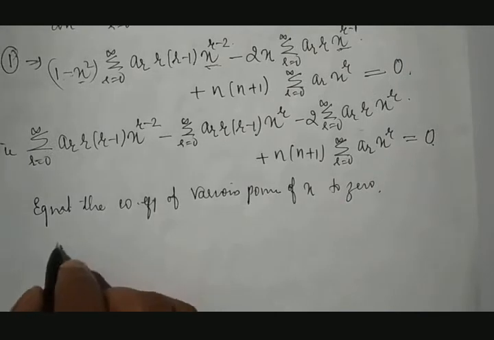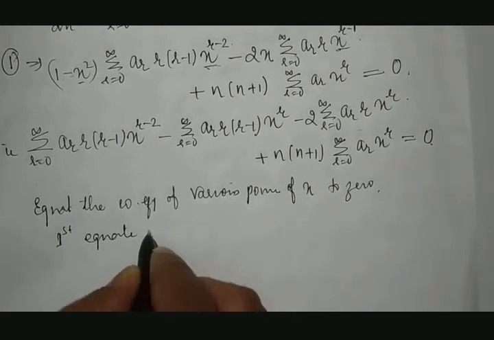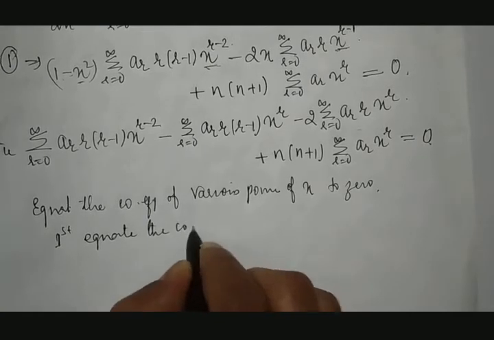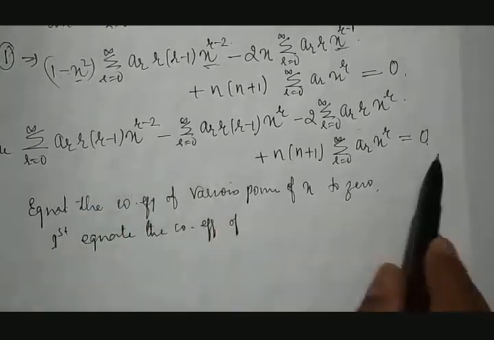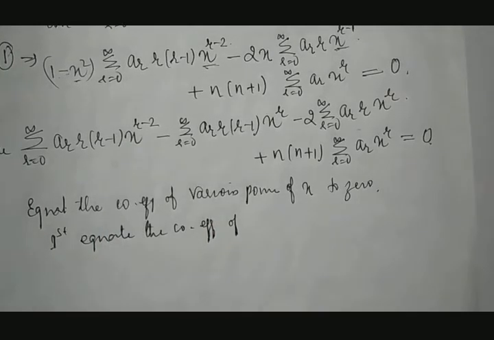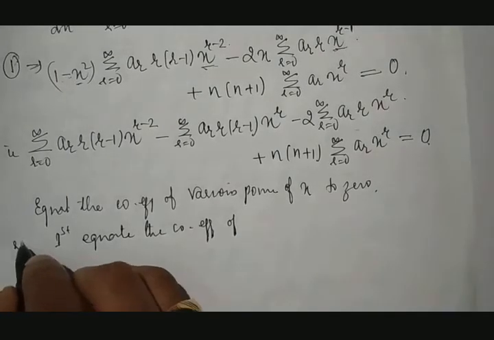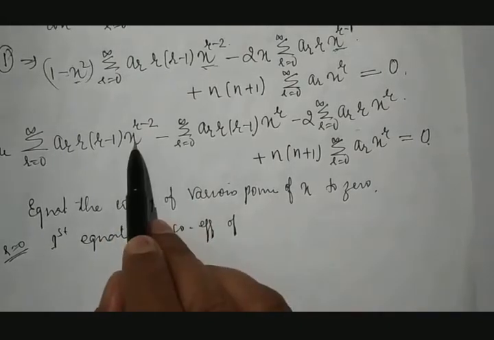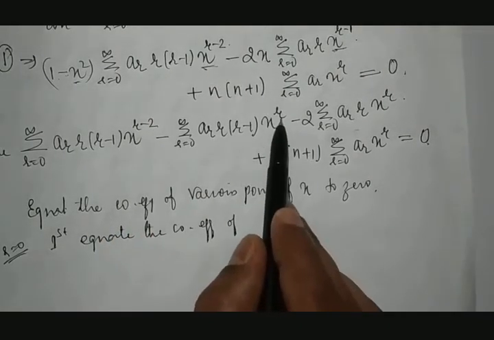But first, let us equate the coefficient of x^(r-2) in this entire thing. If we substitute the minimum value of r, that is 0, then x^(-2) will be the least one. In the other terms, if you put r equal to 0, it becomes x^0.